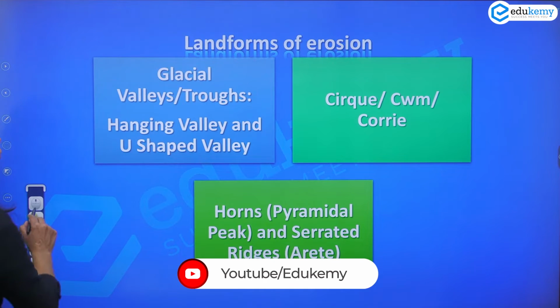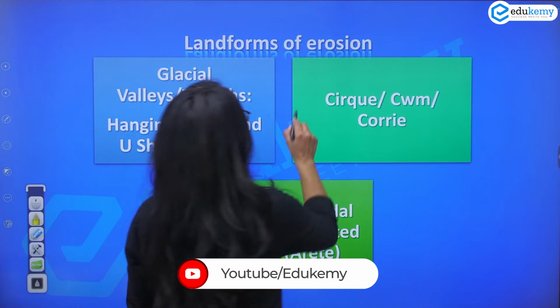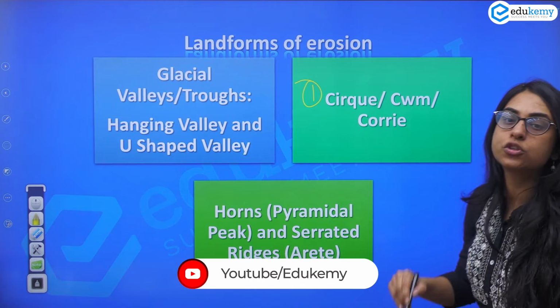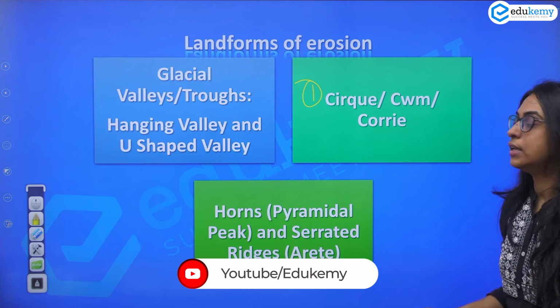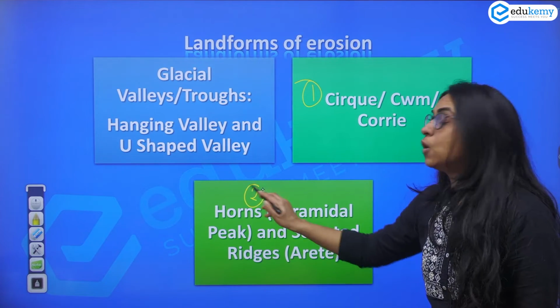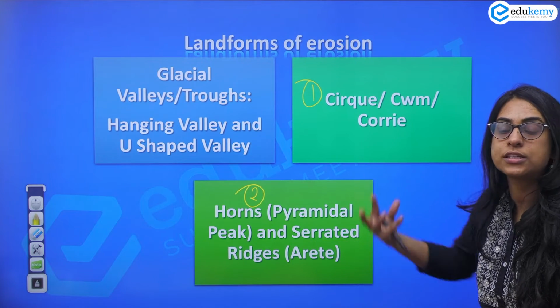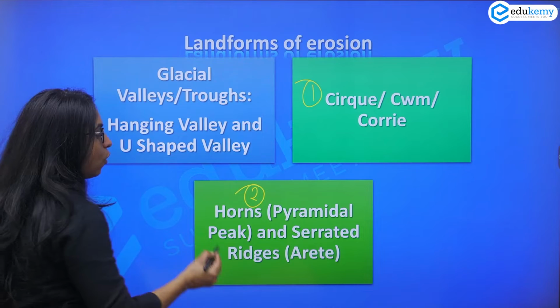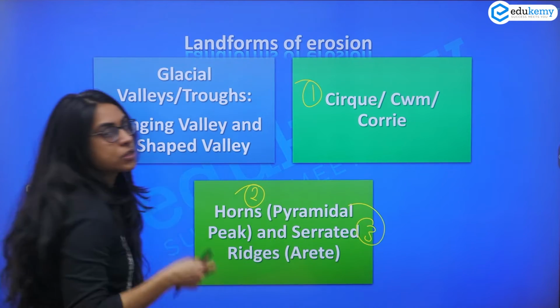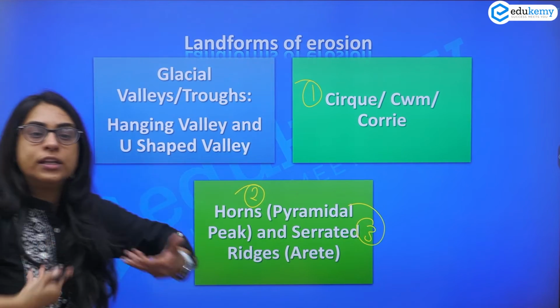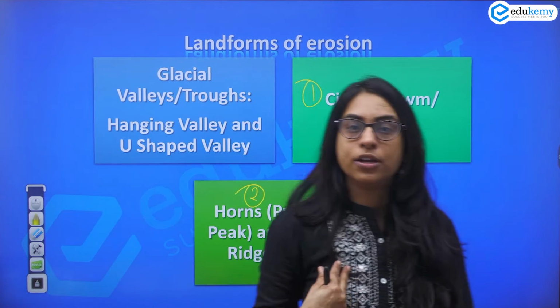We understood the erosional landforms. First, the quarry, also known as cwm or cirque. The second is horn. Why is horn formed? Because there are three quarries which are eroding and depression is created, and you have an angular peak, that is pyramidal peak or horn. The third is a serrated ridge. The knife-like projection between the two quarries is serrated ridge.